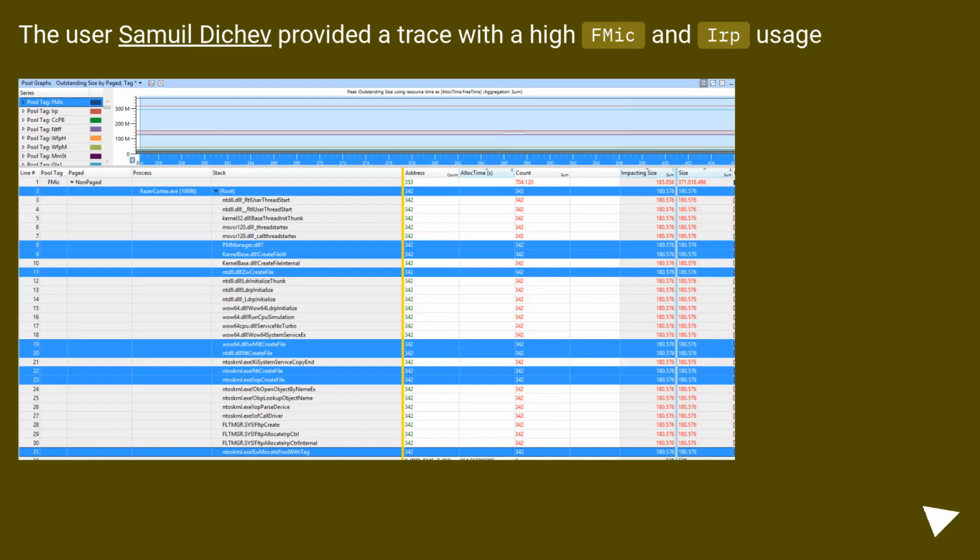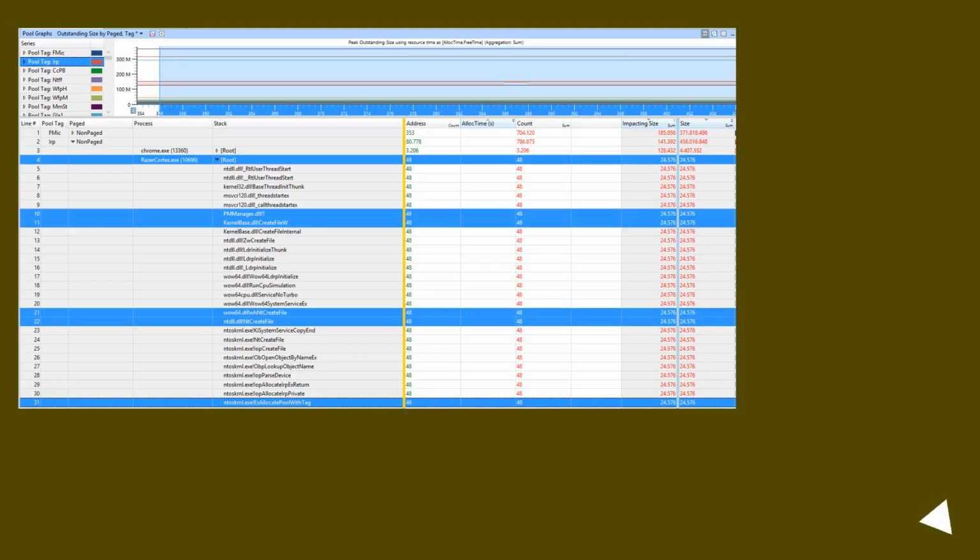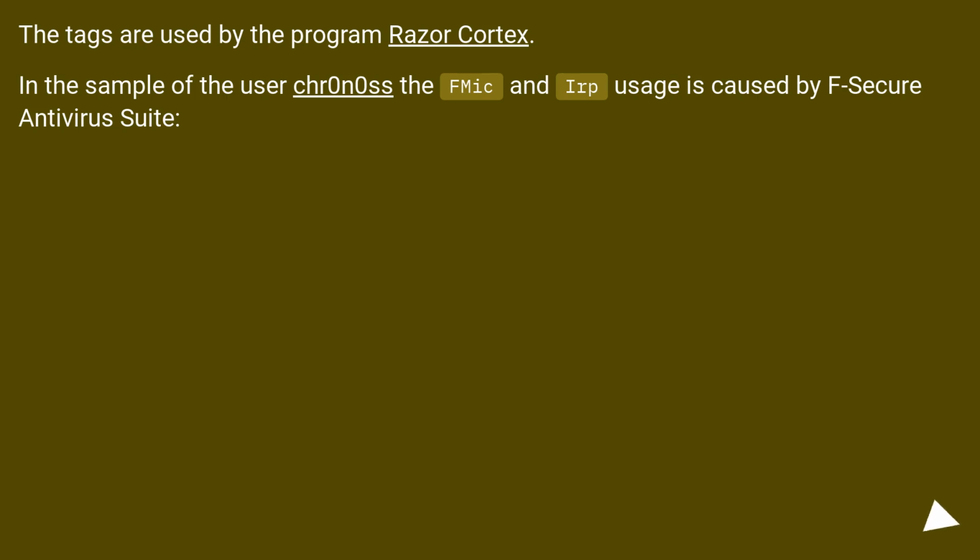The user Samuel Ditchev provided a trace with a high FMic and ERP usage. The tags are used by the program Razer Cortex.